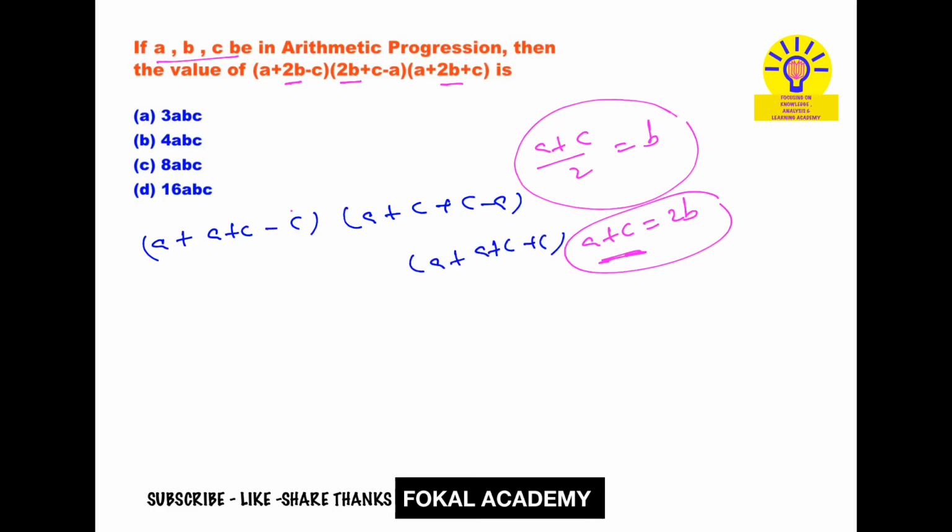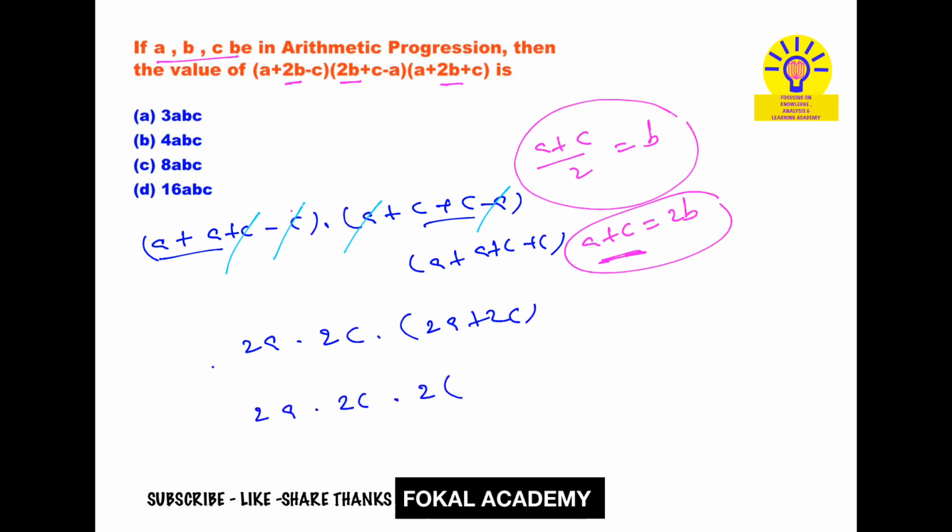So here minus c plus c cancel, minus a plus a cancel. Then it becomes here 2a into 2c into here 2a plus 2c.